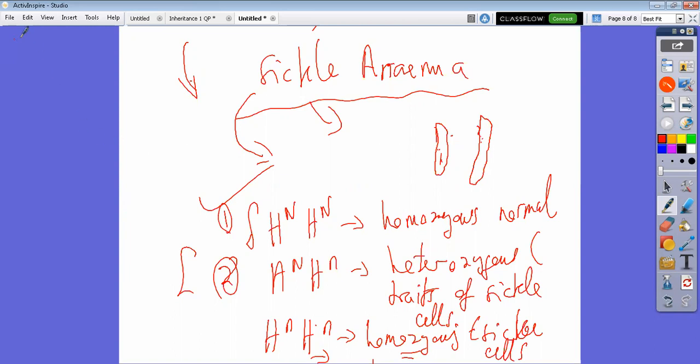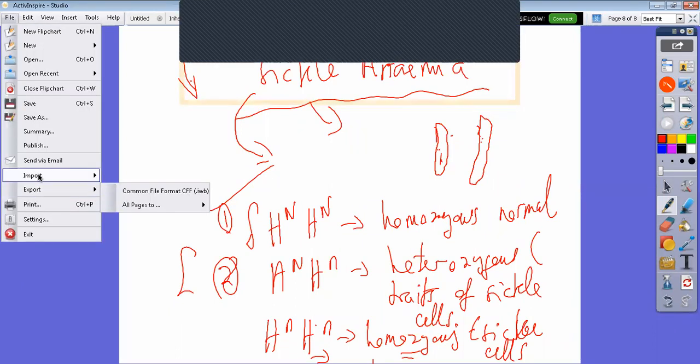Now, we want to look at what is known as pedigree diagrams.